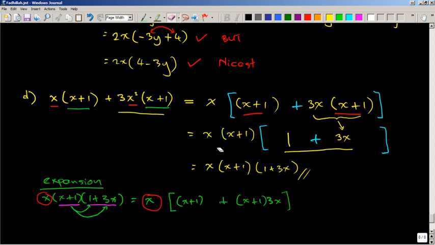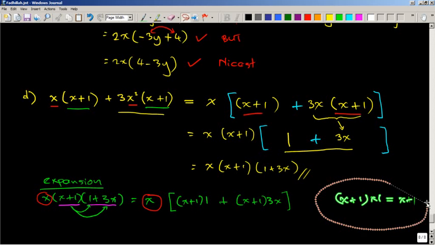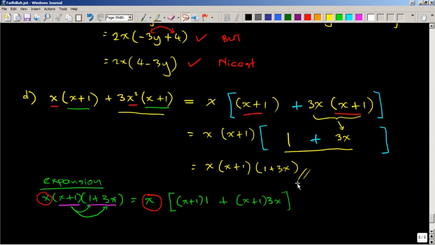Ini bukan x. Aduh, I confuse you even more. Bukan x itu, tapi 1. Tapi x plus 1, you multiply with 1. X plus 1. You multiply with 1, you get back x plus 1. So, we sebenarnya tak perlu letak 1 pun tak apa.